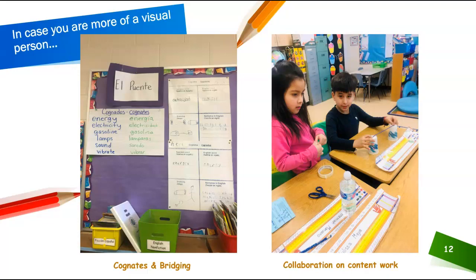On the picture on the right, we see students collaborating on an activity during science. These two students have different levels of proficiency in English and have been placed to work together on purpose so that they are able to help each other work through the content.